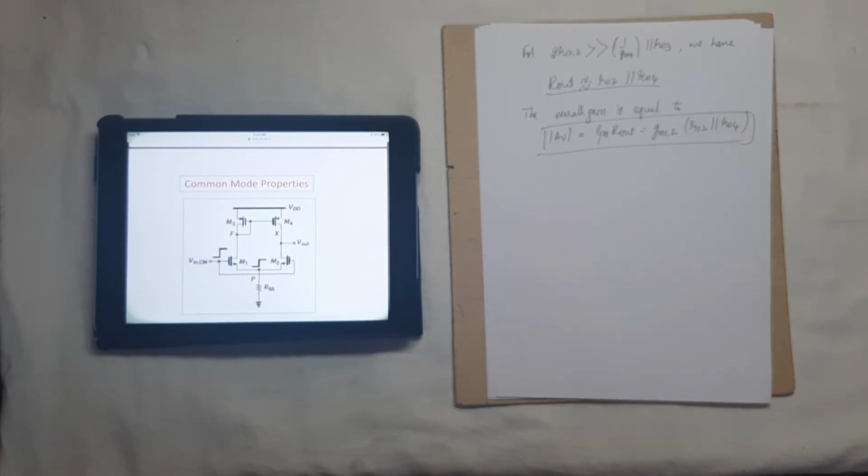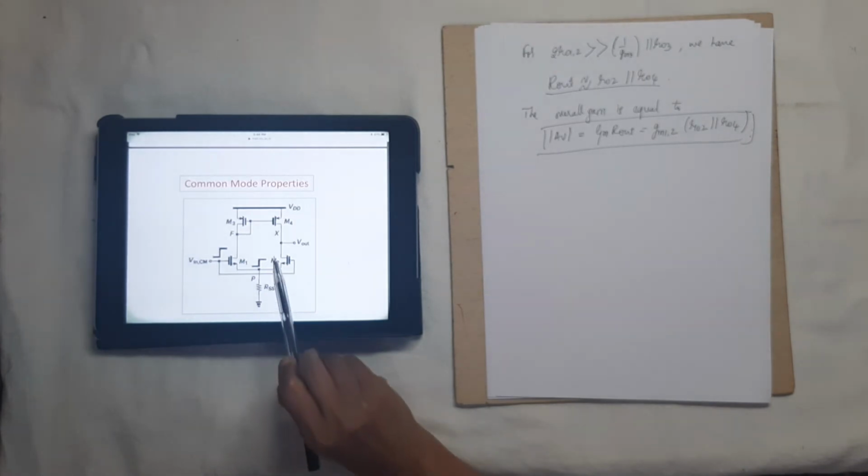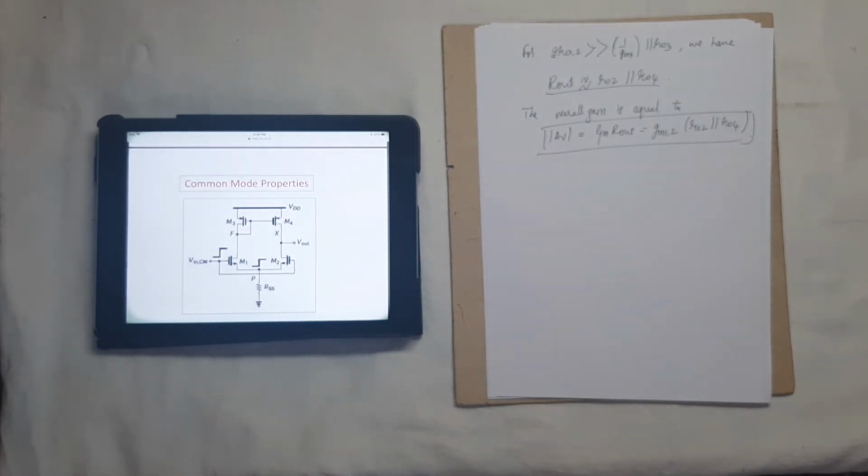In this circuit, the output signal of interest is sensed with respect to the ground. Thus, we define the Cm gain in terms of the single-ended output component produced by the input Cm change. The output is the single-ended output component, and the input voltage applied is V in Cm, the common mode voltage for the transistors.